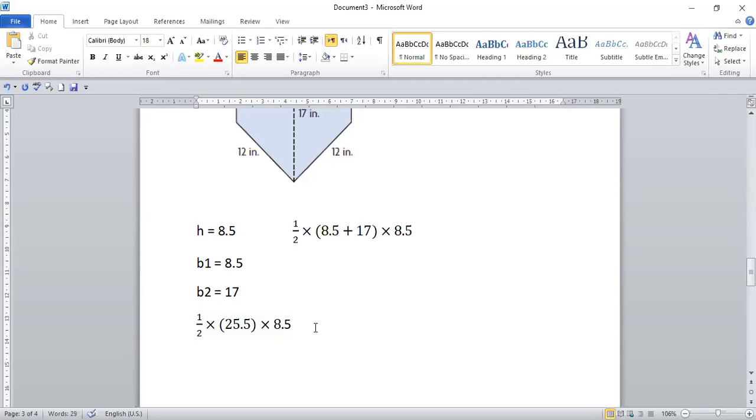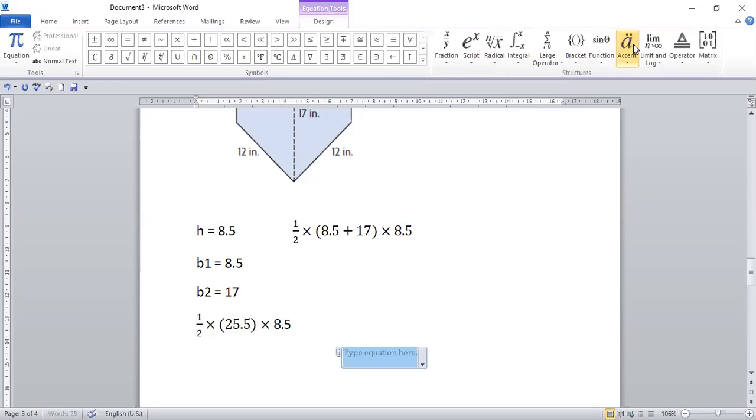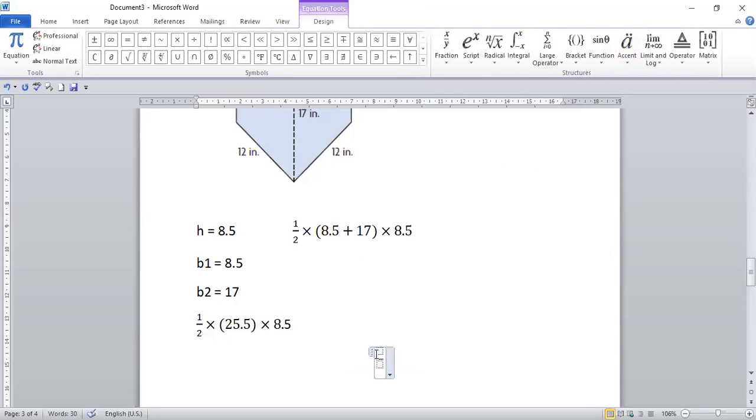Okay, so 216.75, let me put the fraction. It's so small. How did I get 216.75? I have multiplied 25.5 by 8.5. So this is the area.